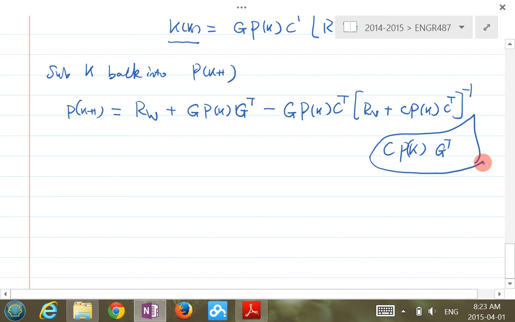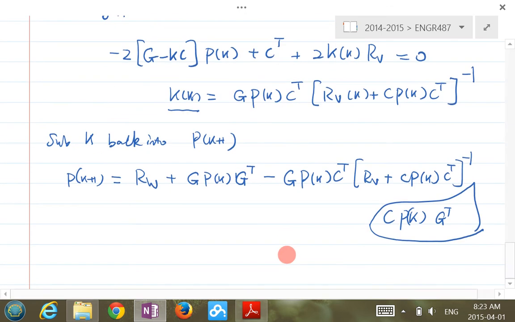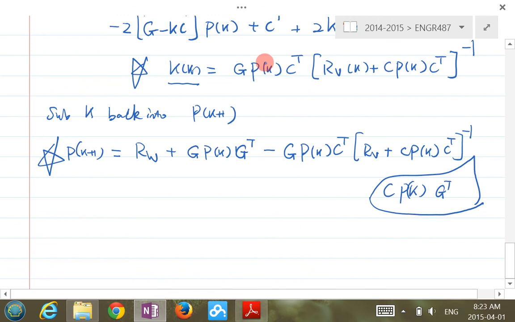So basically, you're solving this equation and this equation at the same time, iteratively. How do you solve? For example, you start with a P0, an initial value you picked.